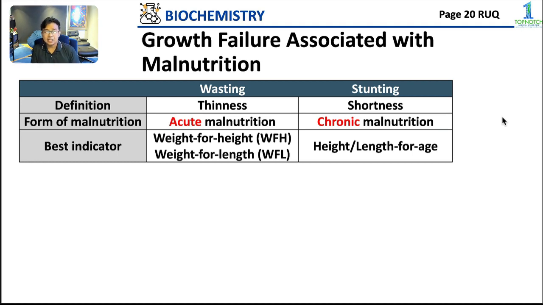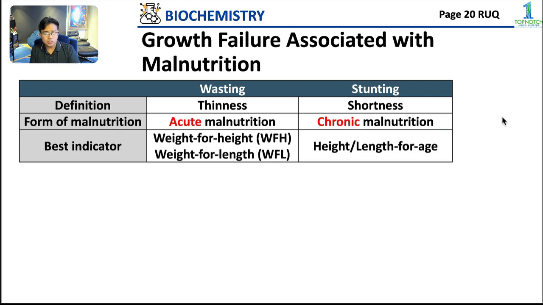Now, in stunting, yan ay gaano ka kapandak or shortness. Now, this reflects chronic malnutrition. Ang ibig sabihin niyan, masyado nang matagal kang malnourished to the point na naapektuhan na ang iyong skeletal maturation and ang ating overall growth. Kaya ka merong chronic malnutrition sa taong merong stunting.